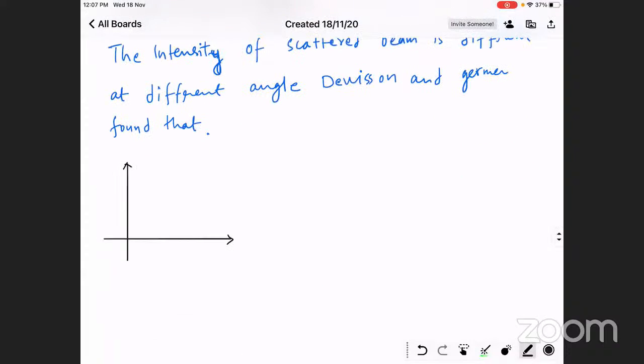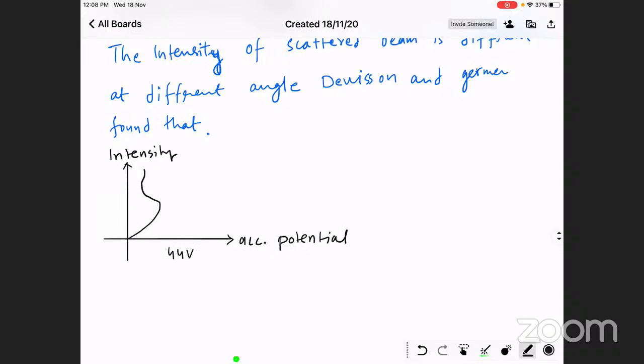So they made a graph between the intensity of the beam and the accelerating potential. And they got graphs like this.